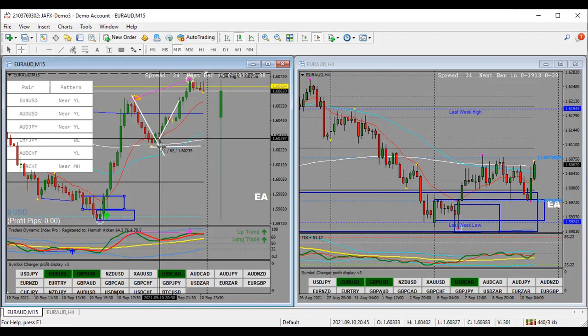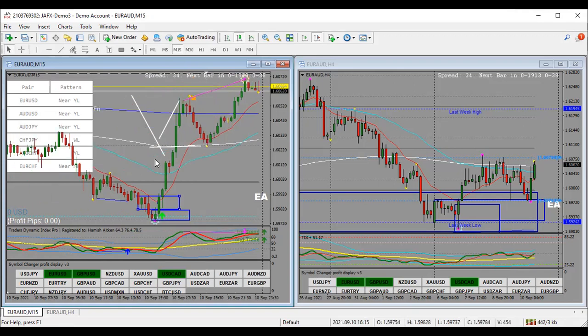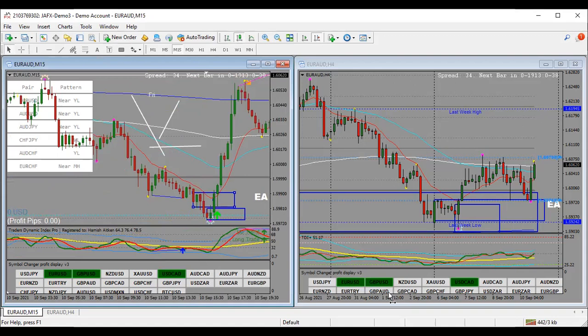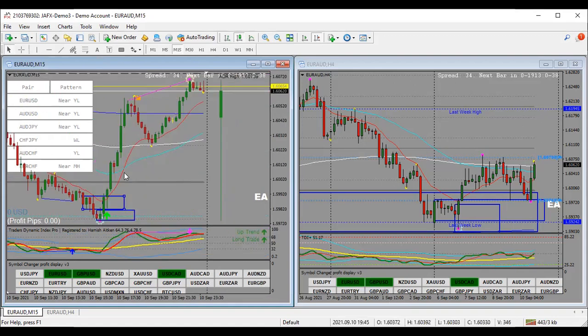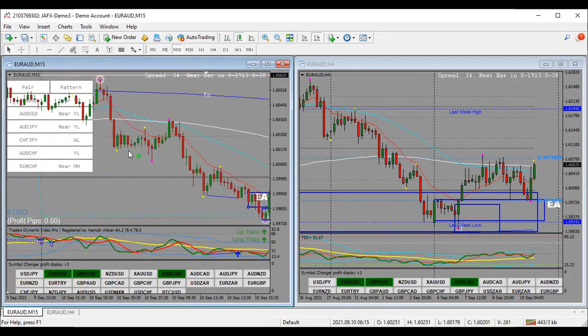Look at it. This is a 6 pip stop loss, and the equal highs it made 30 pips, almost a ratio of 1:5. So if after a retracement you draw a trend line break, and as it breaks to the top, you are in the trade. Good one. Does that make sense? In case you miss it, that's the way to go.